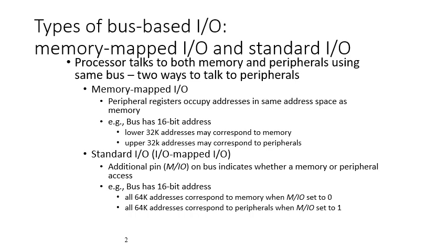For example, with the same bus and a 16-bit address, all 64K addresses correspond to memory when this pin M/IO is set to 0, and all 64K addresses correspond to peripherals when this pin M/IO is set to 1. So let's move on to the next slide.